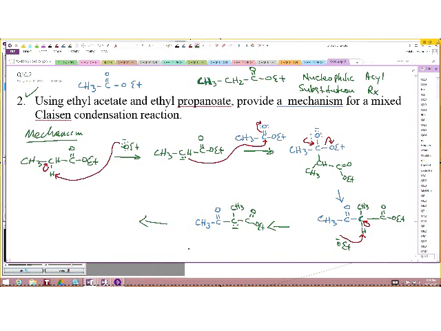Finally, keep in mind we also form, and what? Dilute acid? Okay, very good.